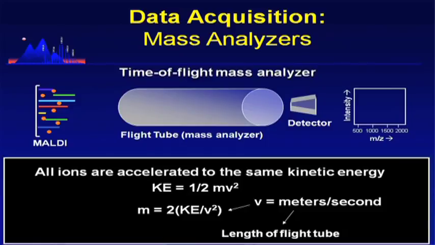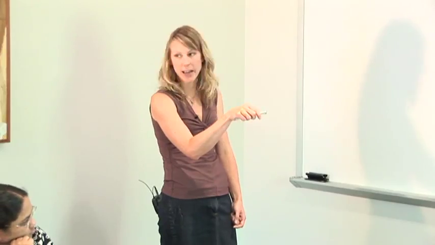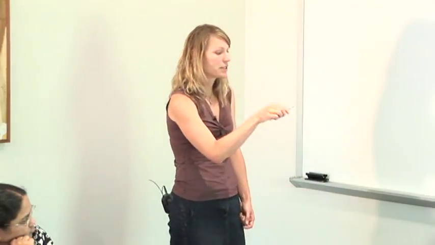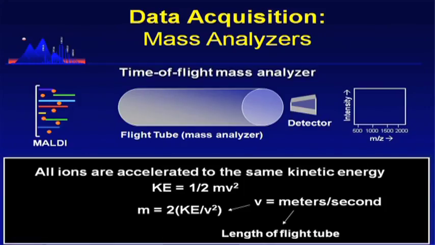The meters is the length of our flight tube, which is under very high vacuum, so this all occurs under vacuum. We know the length of this flight tube very accurately. Our seconds is our time of flight, the time it takes for the molecule to fly down the length of the flight tube.